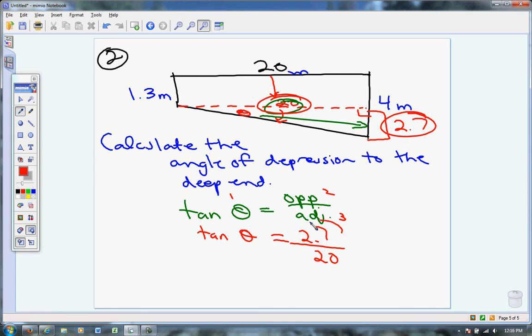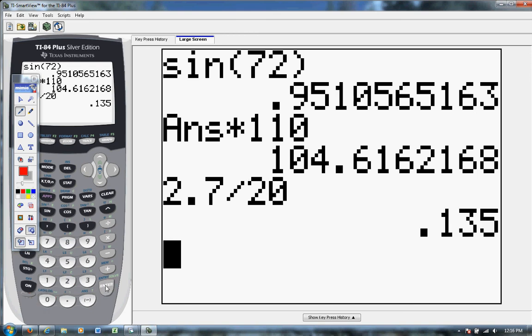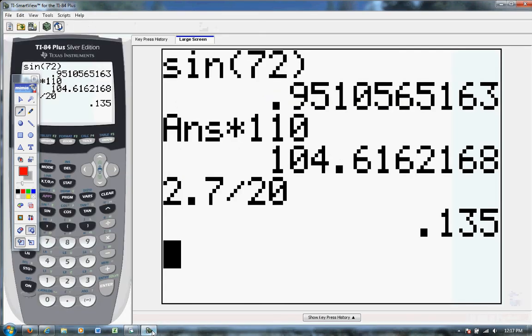First, let's find out what this is on the calculator. 2.7 divided by 20 equals 0.135. So now I have the tangent of theta equals 0.135. Now, to find theta, we're going to use the calculator again. Now watch carefully how we do this.